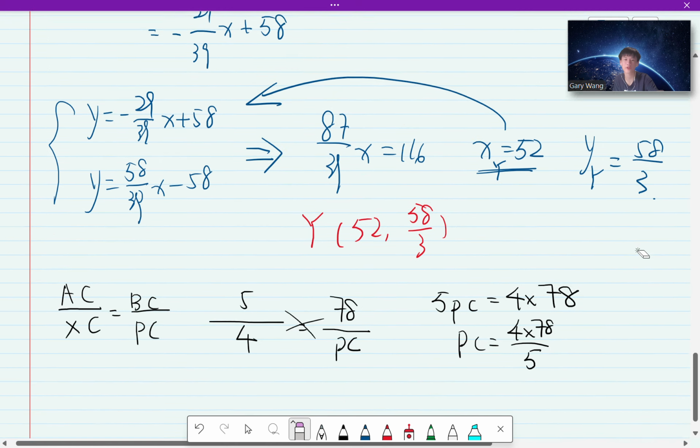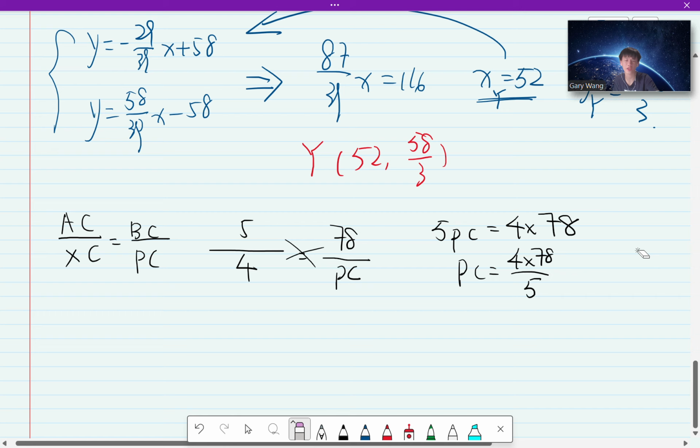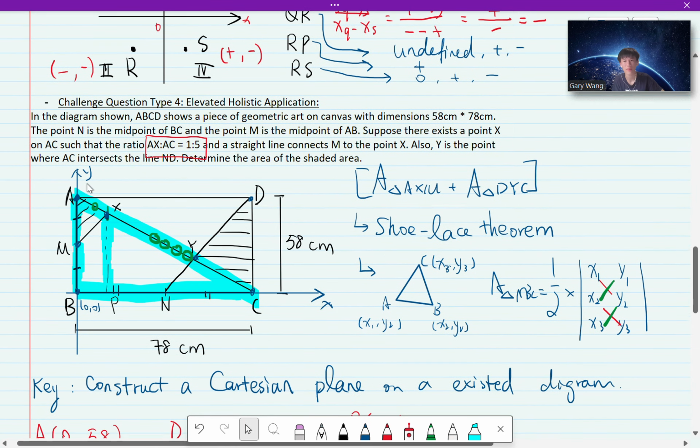And then after knowing this, some magical things will happen right here. We actually want to tie this value back to the x coordinate of point X. So the x coordinate of point X should be the distance between B and P. We know BC for sure, which is 78.